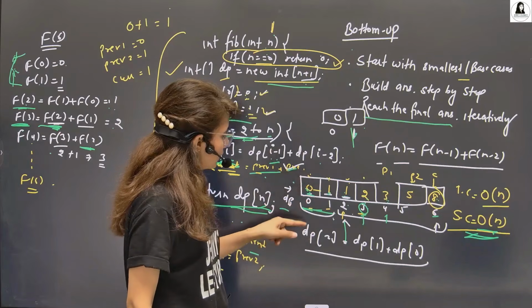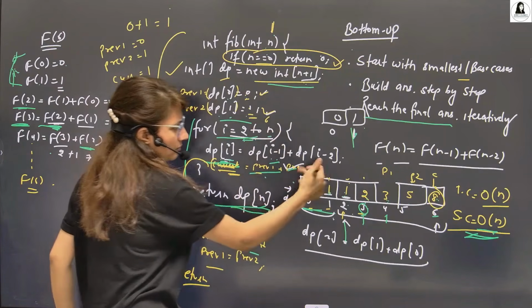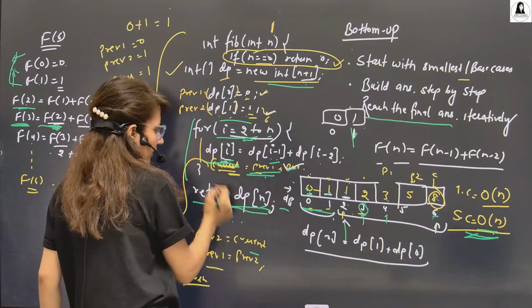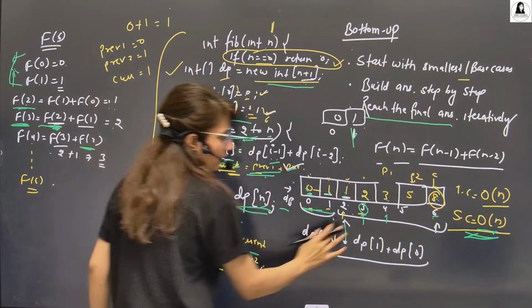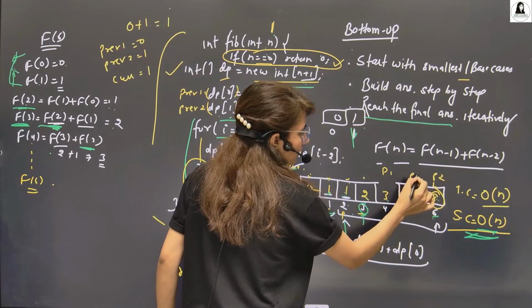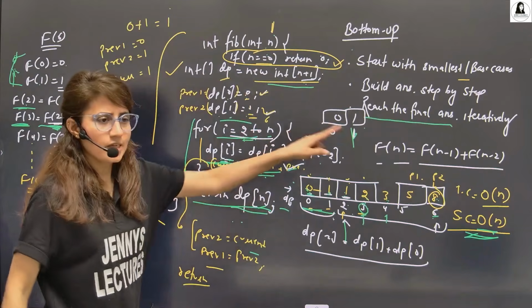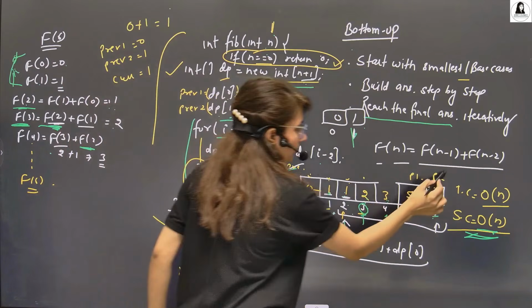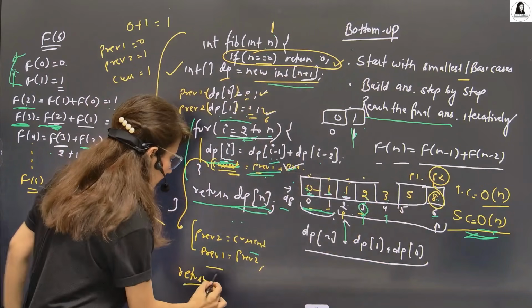Now when i was 6, that condition is true, so we calculate this. Control will enter here and all these lines will be executed. After calculating, this becomes my P2 and this becomes my P1. When i becomes 7, the loop ends. At last, whatever previous 2 value, that we return.